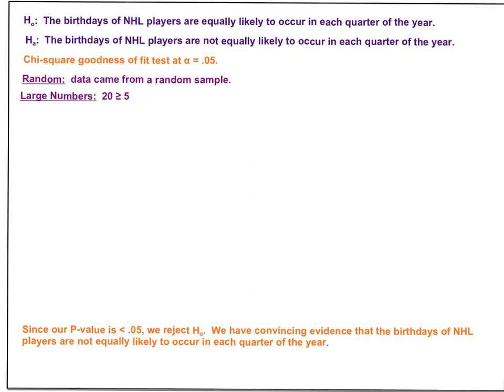Chi-squared goodness of fit at alpha 0.05. Data came from a random sample of n equals 80 NHL players. Large numbers, all the expected counts are the same, and yes, 20 is greater than or equal to 5.